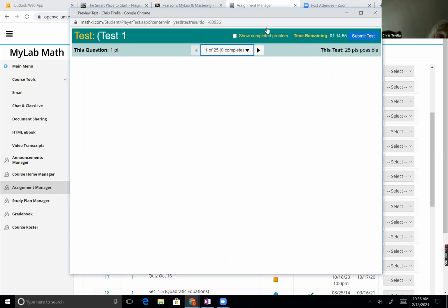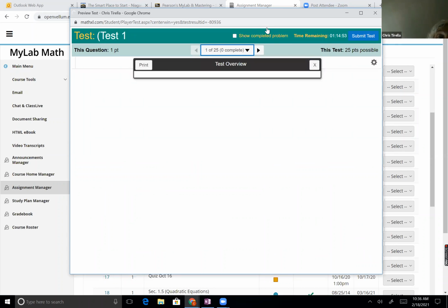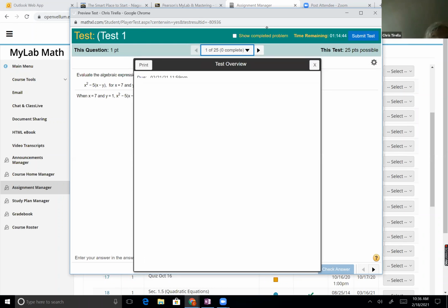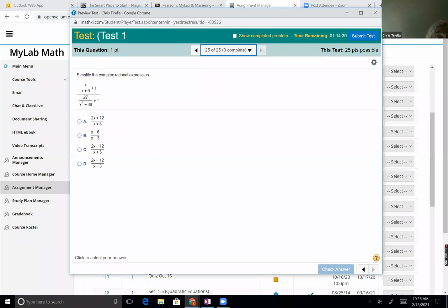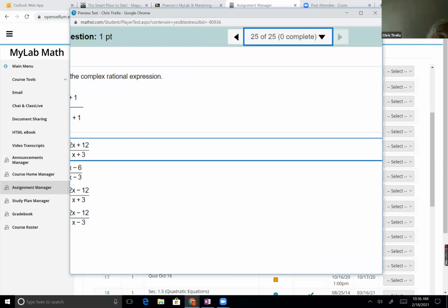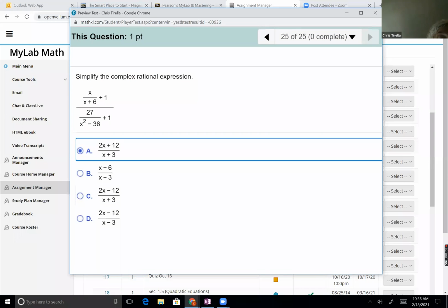I think that's the only thing that showed up on that first one that we did together that didn't show up on the second. So let's scooch to that last question, which will most likely be that complex fraction.